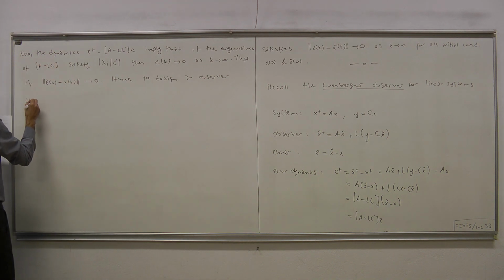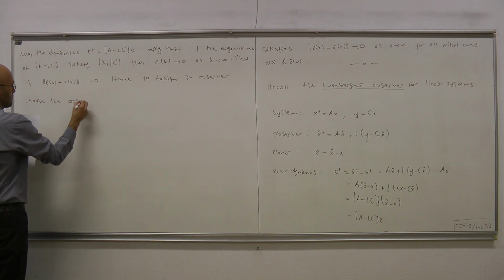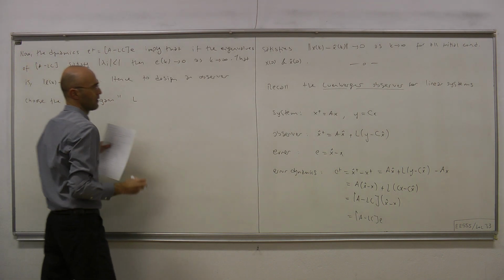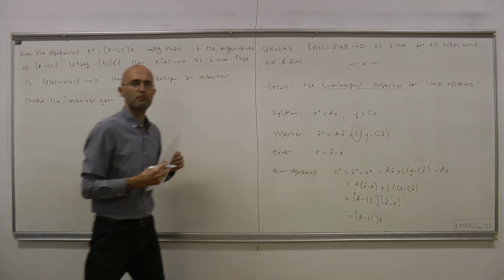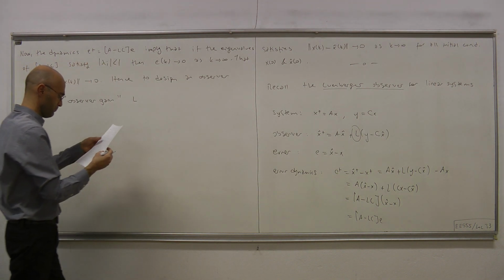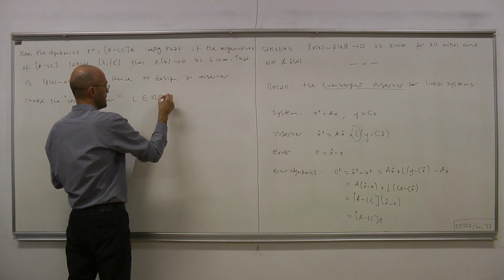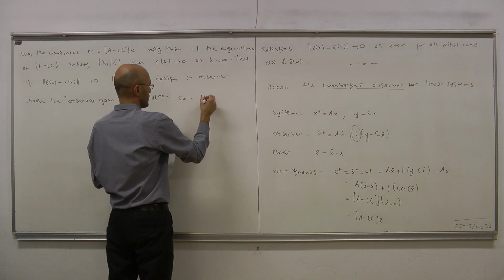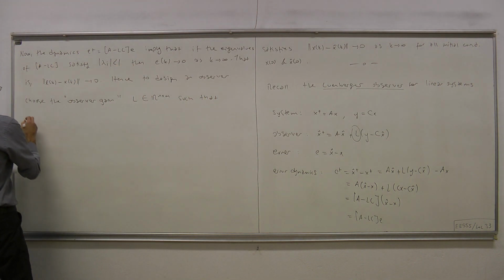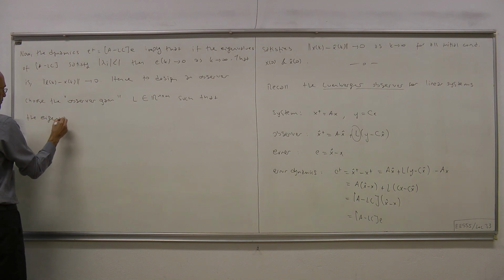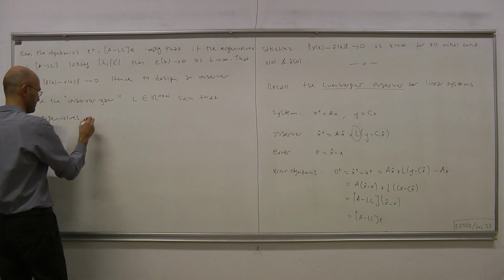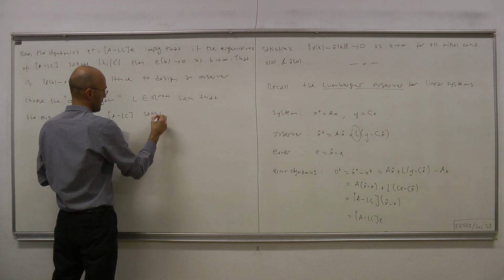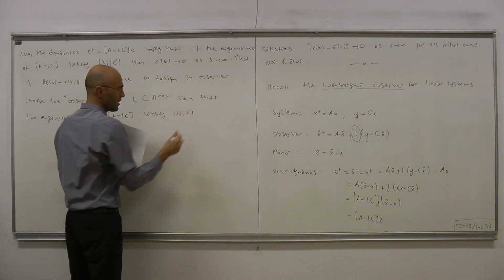Choose the observer gain L. Okay, we're talking about this matrix that appears in our observer system, which must be an n by n matrix, such that eigenvalues of A minus LC satisfy the stability condition.